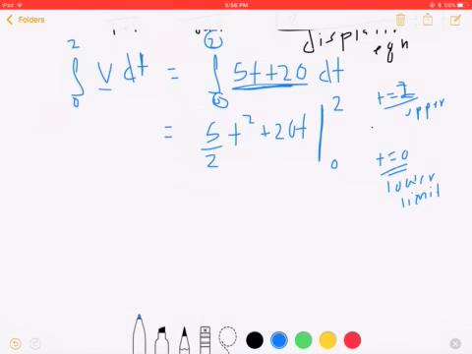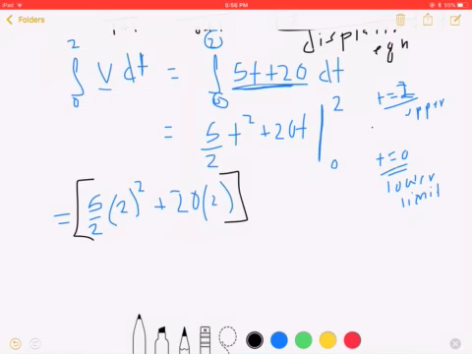So first we're going to plug in 2 for t. So I have 5 halves times t squared, so replace that t with a 2, so 5/2 times 2 squared, plus 20 times 2. So I plug in my upper limit for t, and I want to subtract the lower limit.